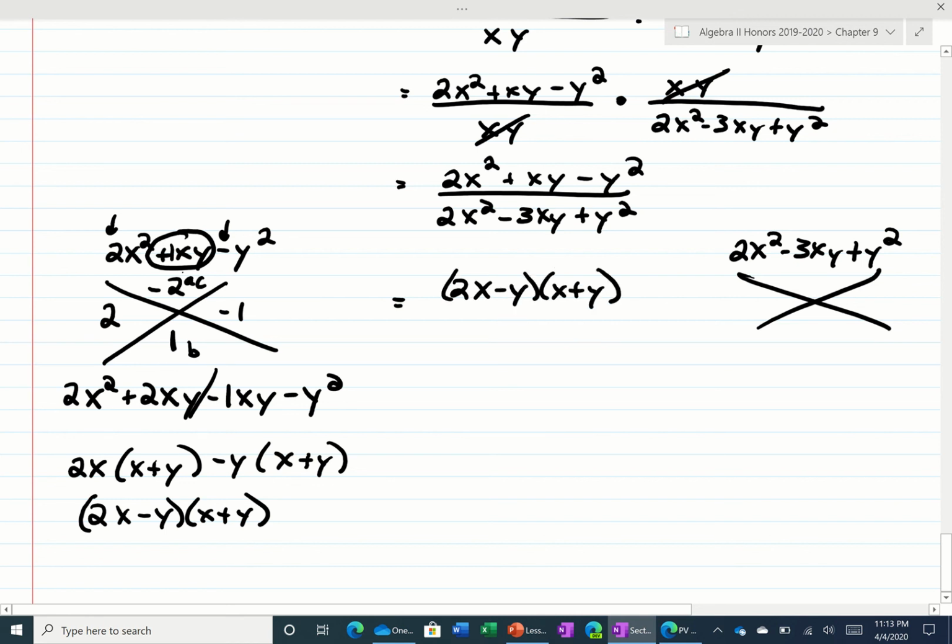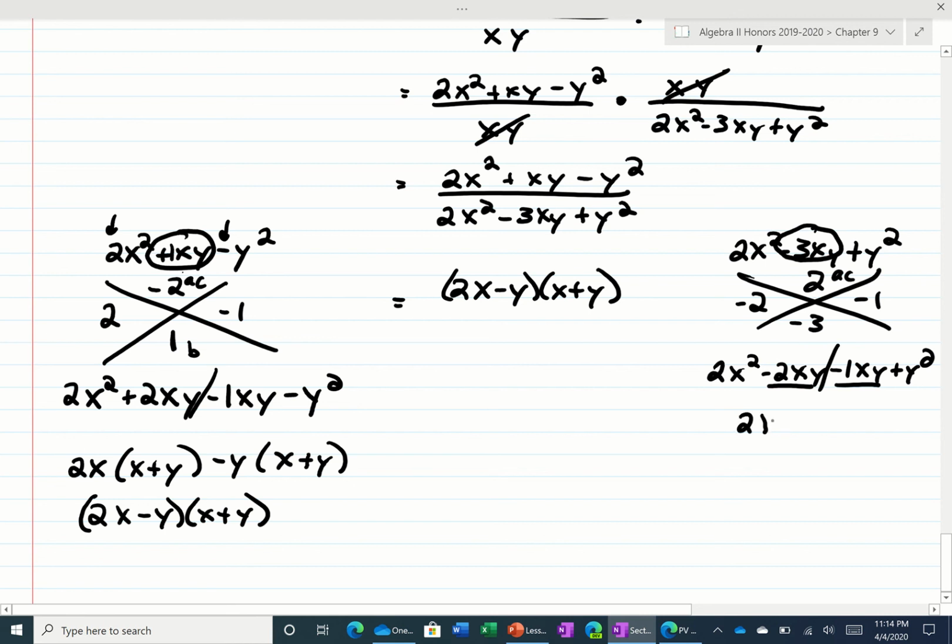We're going to do the same thing with the bottom here. So 2 times 1 is 2, but they have to add up to be -3. So -2 and -1. So let's go ahead and factor this. 2x squared minus 2xy minus 1xy plus y squared. You can see again I broke up this middle minus 3xy to be minus 2xy minus 1xy. Cut it down the middle.